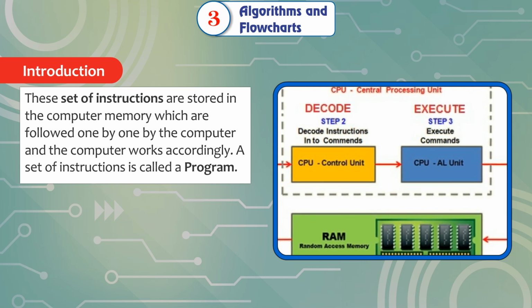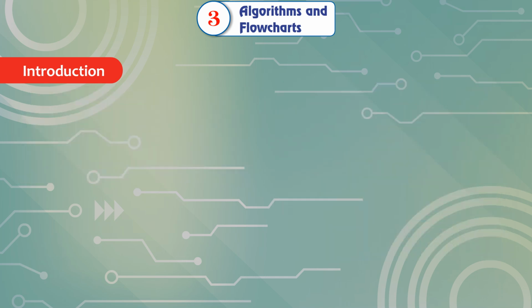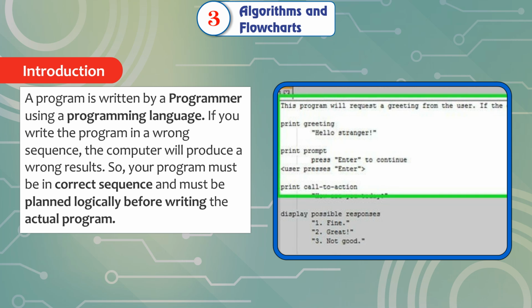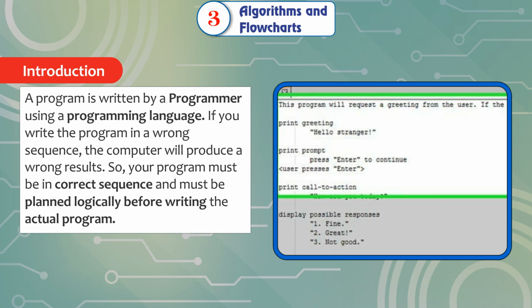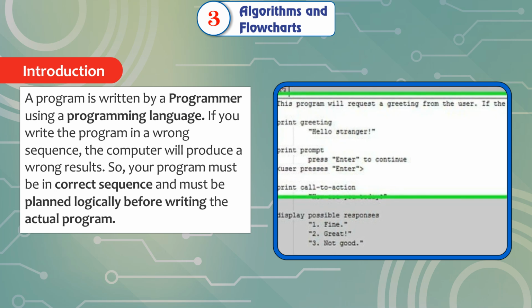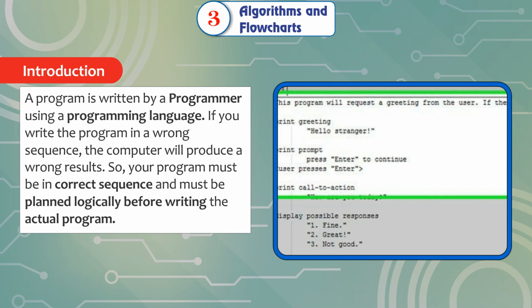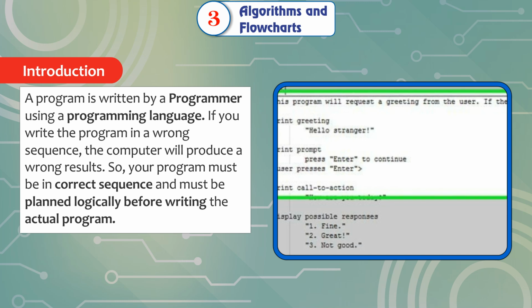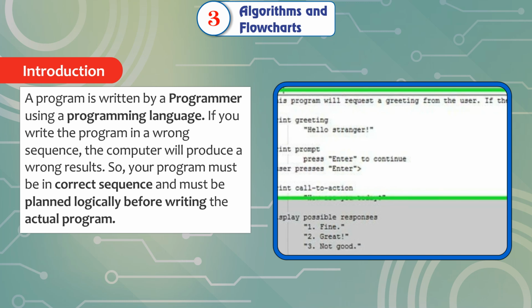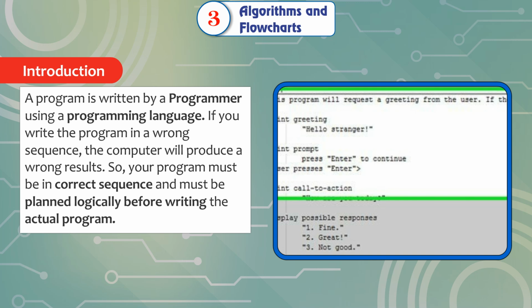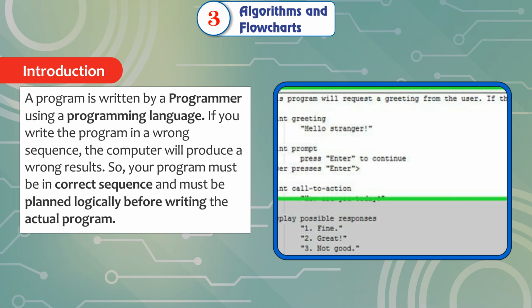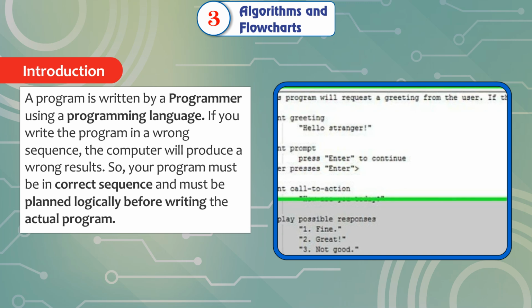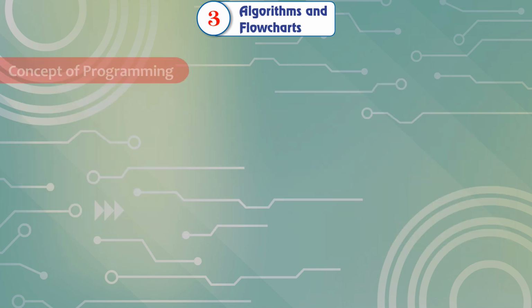A set of instructions is called a program. A program is written by a programmer using a programming language. If you write the program in a wrong sequence, the computer will produce wrong results. So your program must be in correct sequence and must be planned logically before writing the actual program.